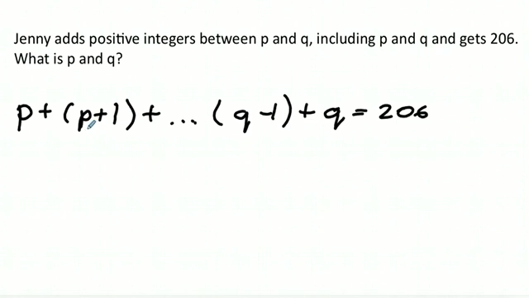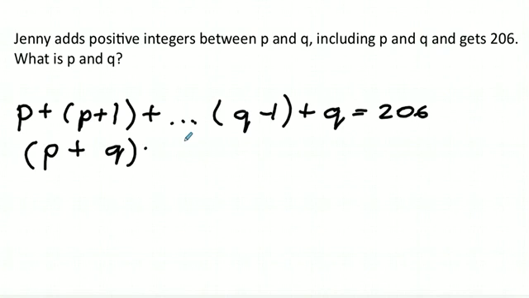Previously, we have learned how to add consecutive numbers, so let's use the rule. So what do we have? Our first number, which is p, plus our last number, which is q, times... Now, how many numbers are between p and q, including p and q? You can do it by hand.